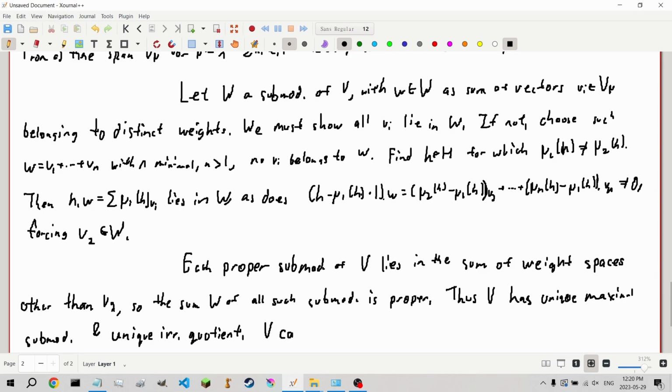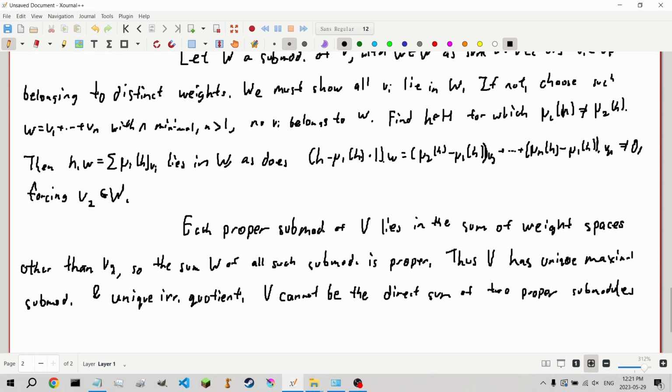V also cannot be the direct sum of two proper submodules, as each is contained in W. And that kind of rounds off our proof here, with E and F coming immediately from that.